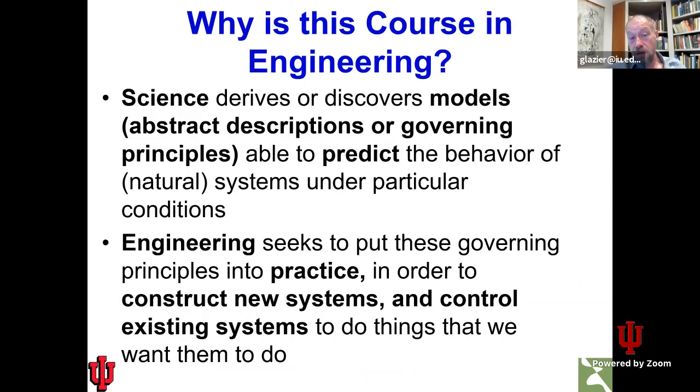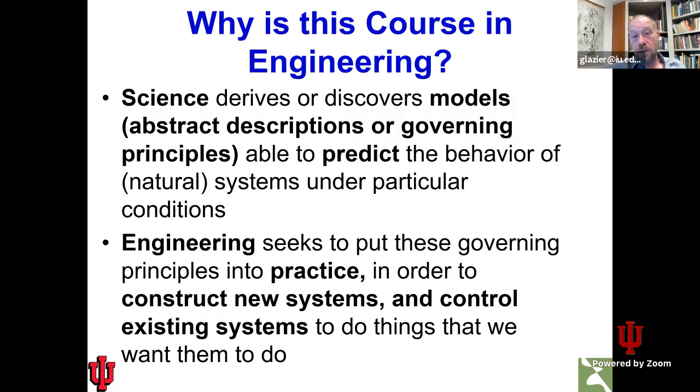Maybe it's worth, given that we've talked about mathematics, to say why this course is in engineering at all. Really, you could say that science is about discovering models. That is, models are principles of operation of things that could predict how those things behave under particular conditions.